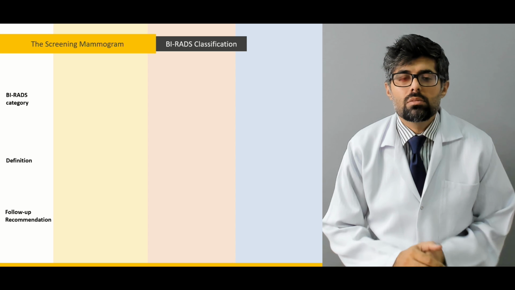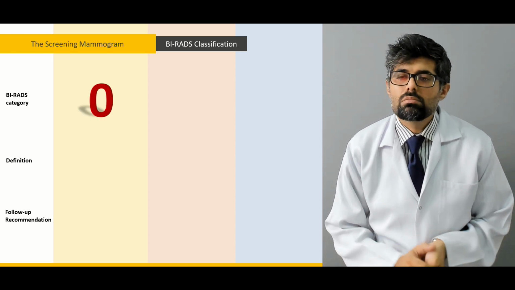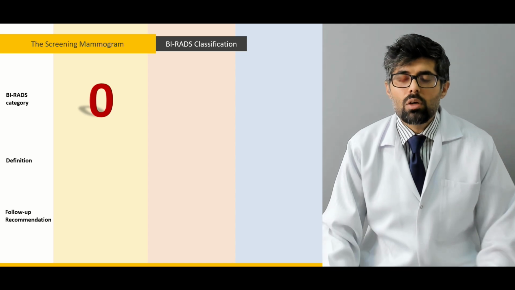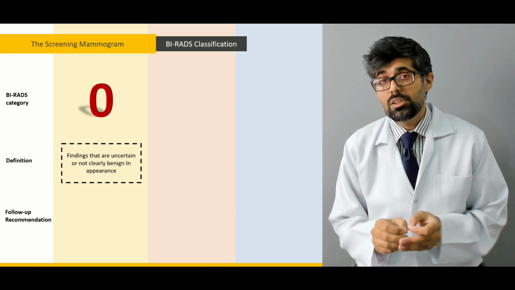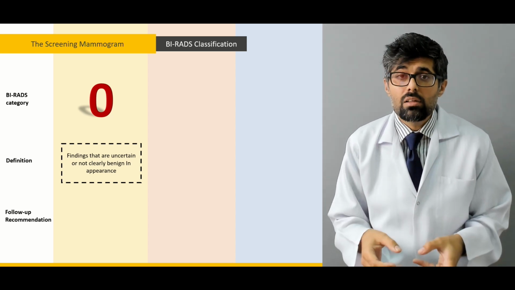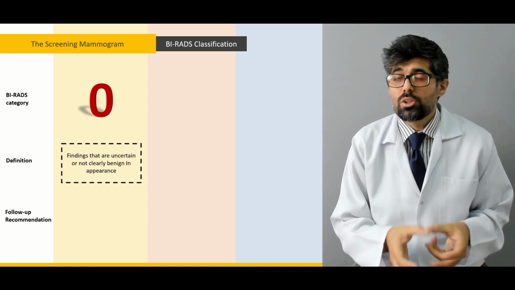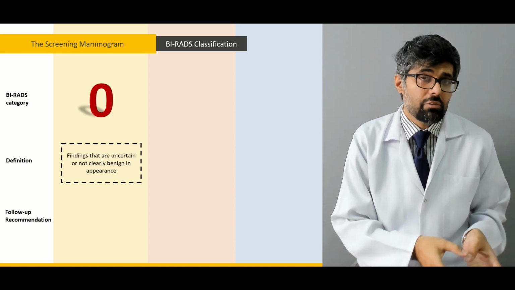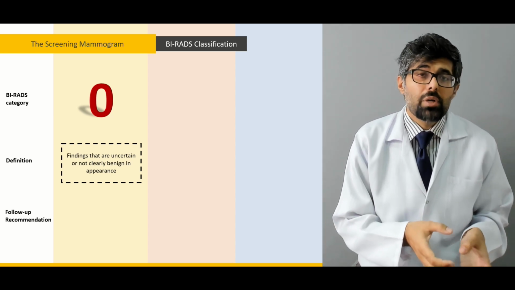The first classification of BI-RADS is class 0. Class 0 signifies that the findings are uncertain, they are vague; the radiologist is not certain of the findings. They might be malignant, they might be benign.